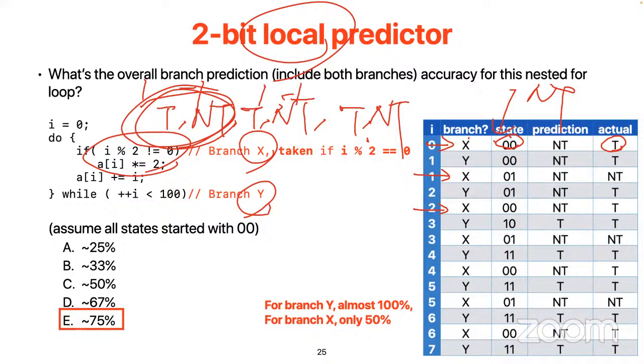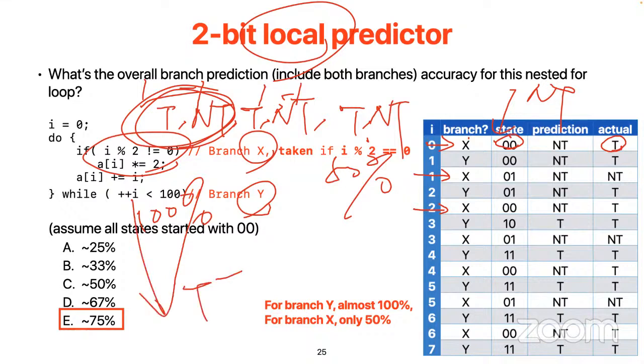So the other direction, you will never get it right. So it's 50%. And for this part, because the pattern is always taken, except for the last one, you can say this is like 99% accurate with this, right? So this is the idea of local predictor.